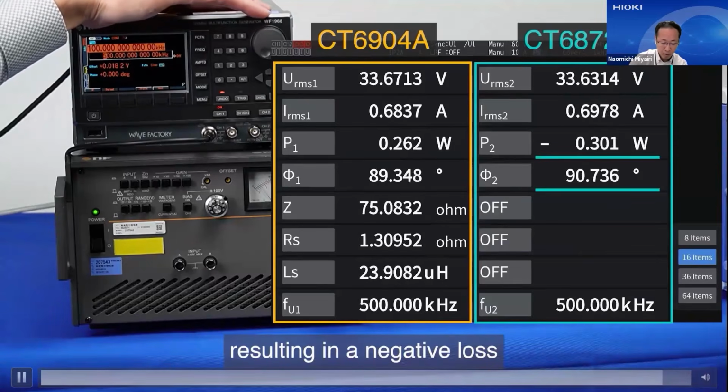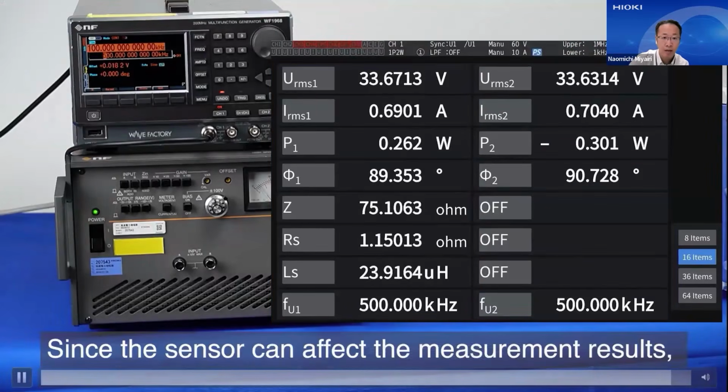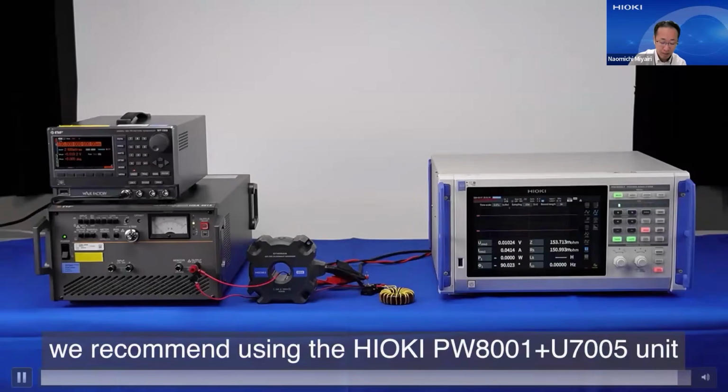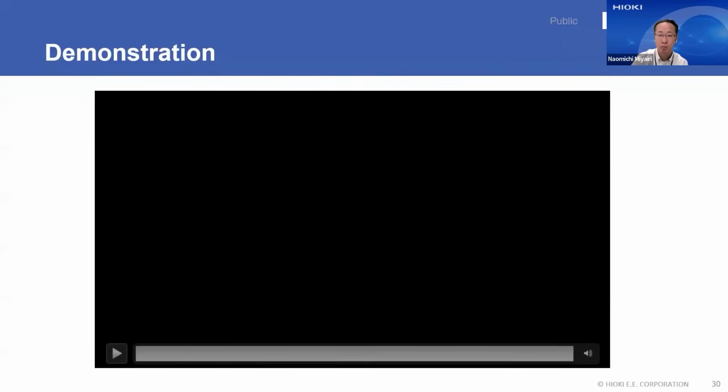So accurate measurement can become impossible depending on the sensor, as you can see. So we recommend the combination of the PW8001 with the 2005 and the CT6904A current sensor, even if you do a small current measurement.